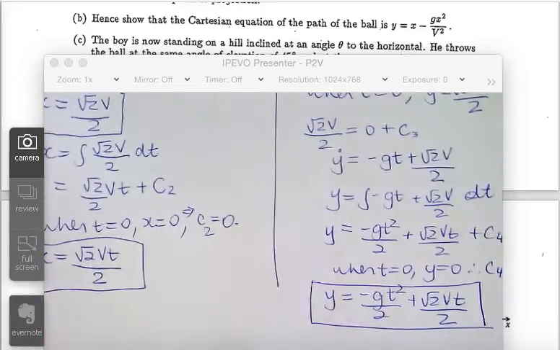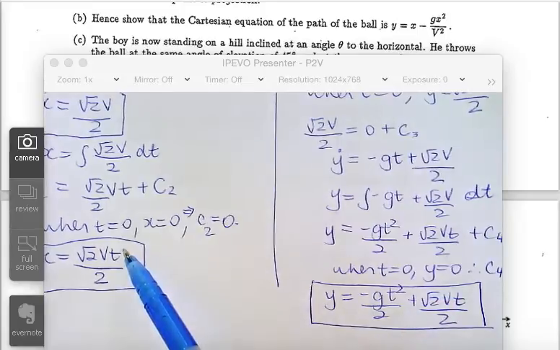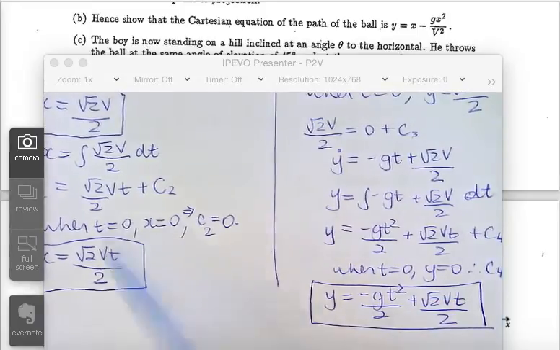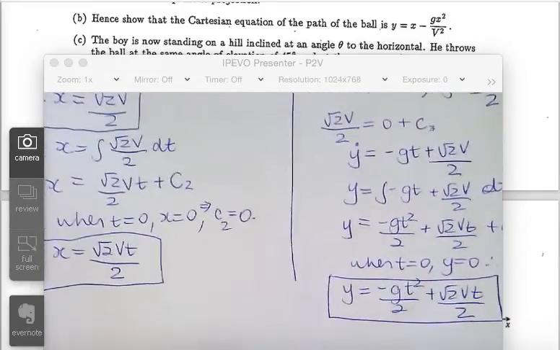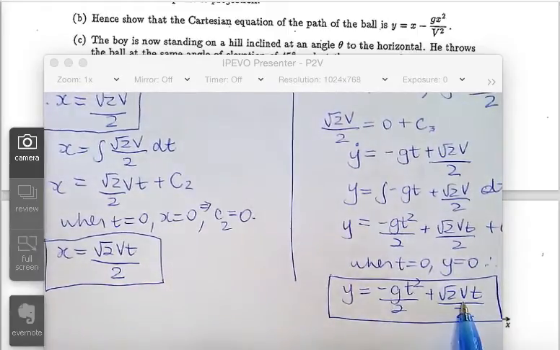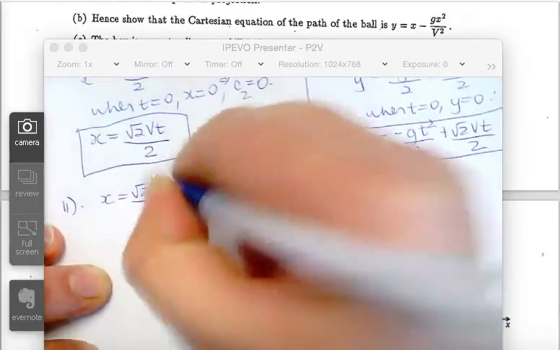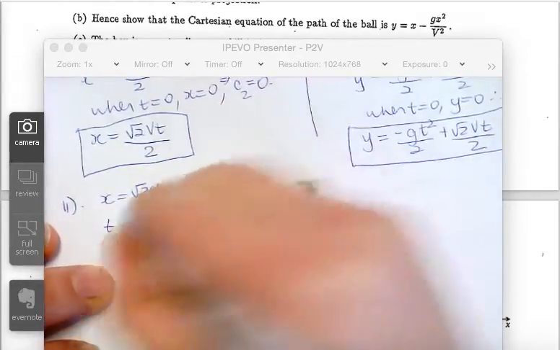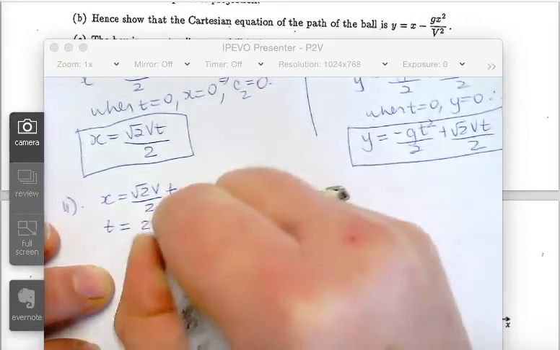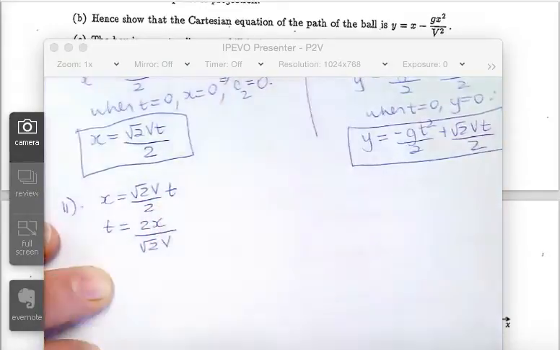So you're working with the two displacement equations, which are parametric equations, to eliminate t: making t the subject of the displacement in the x direction and substituting that into the y equation. With the horizontal displacement, we make t the subject, so you get 2x on root 2v.